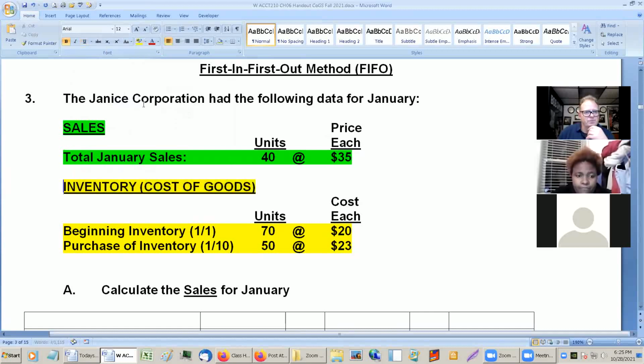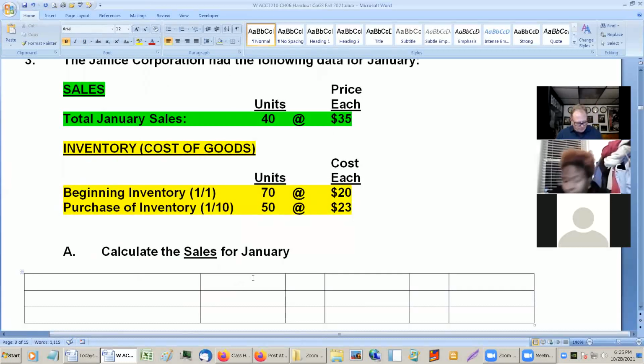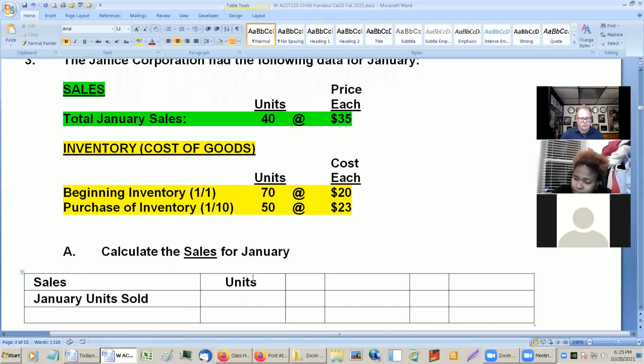Units 40. Price 35. Okay, so units, 40 of them.